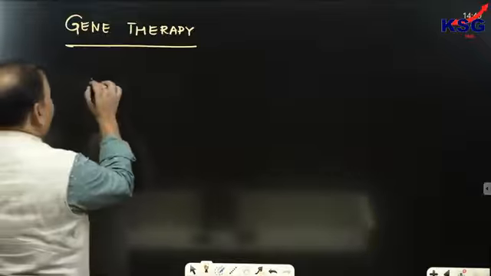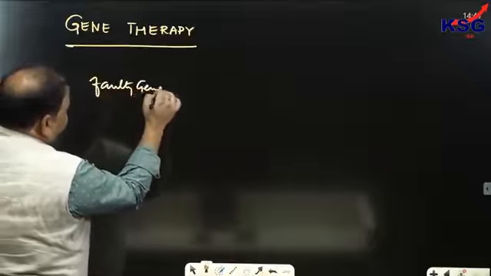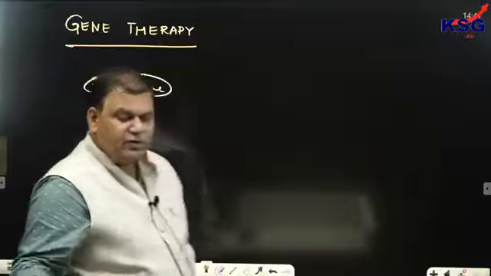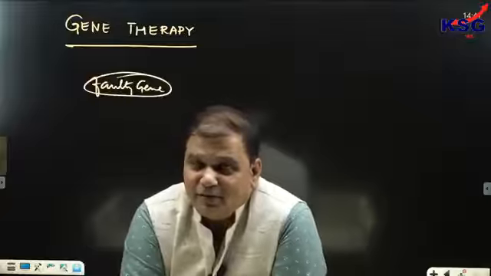First of all, we identify the faulty gene. It is an inherited disorder, which means a faulty gene would be responsible for it. So we identify the faulty gene responsible for the disorder. And in the lab, we make the normal version of that gene by the process of cloning.